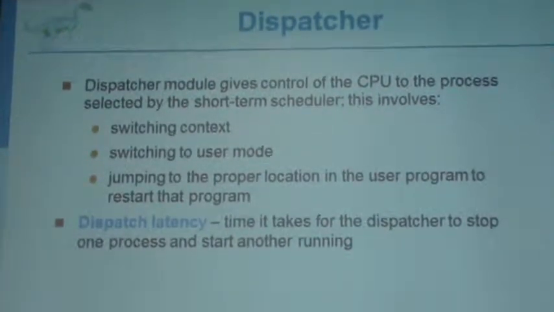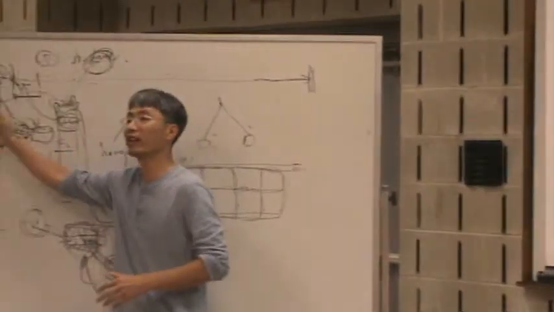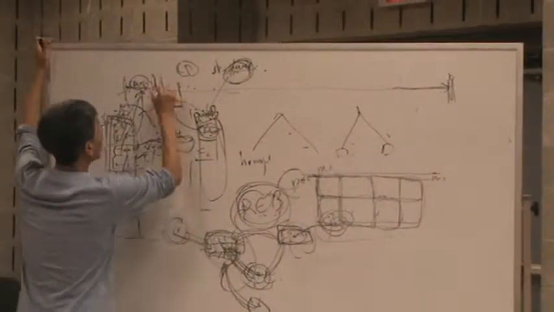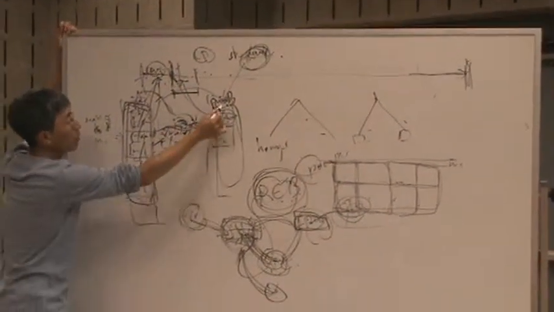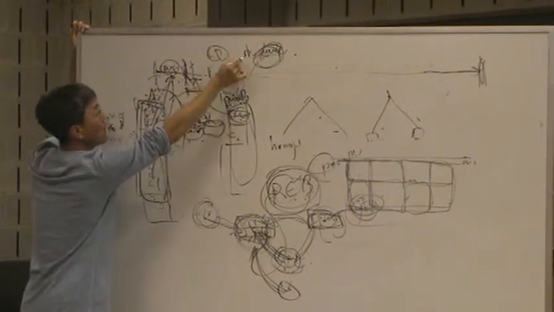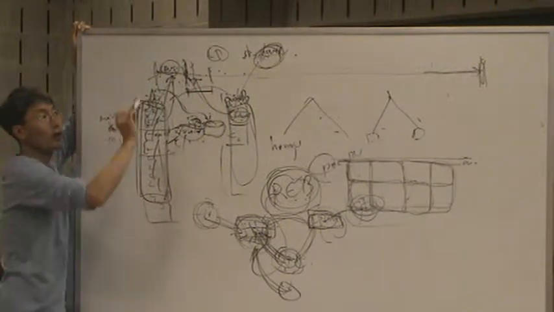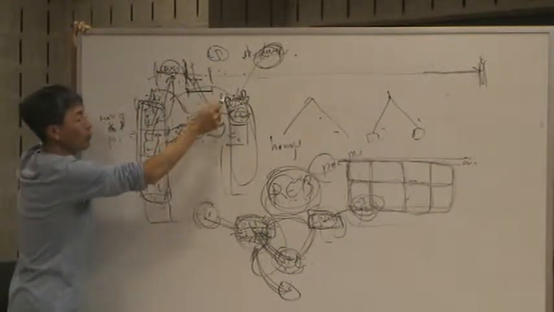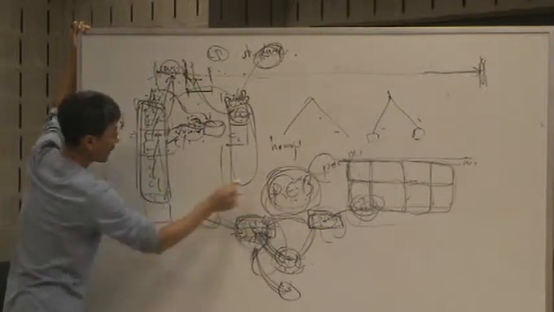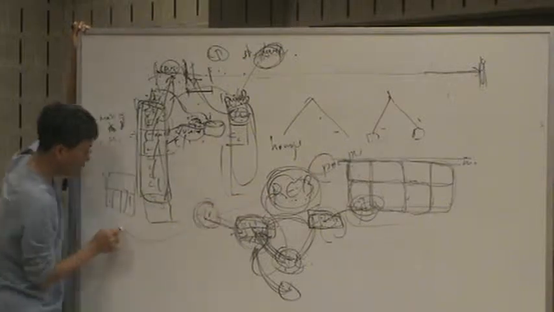However, because of such a context switch, the dispatcher has a little bit of delay time. For example, when you change the process, the dispatcher selects process B. First is context switching, which means using the PCB information, this is the CPU, and all register information will be copied.